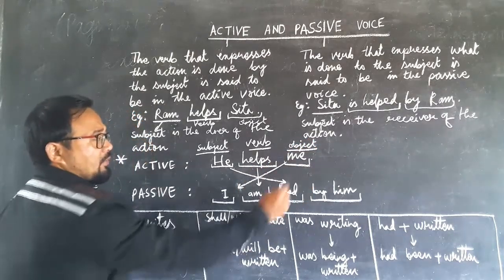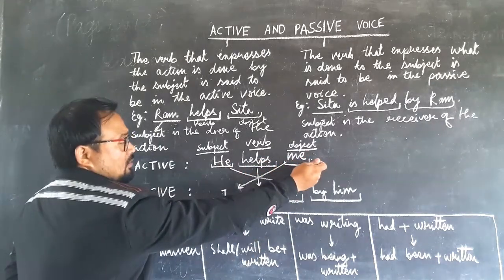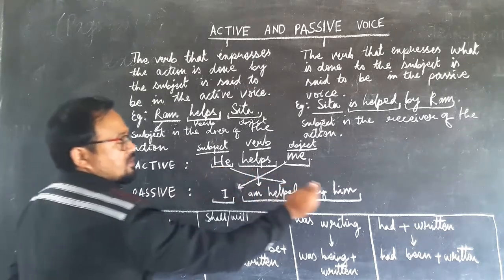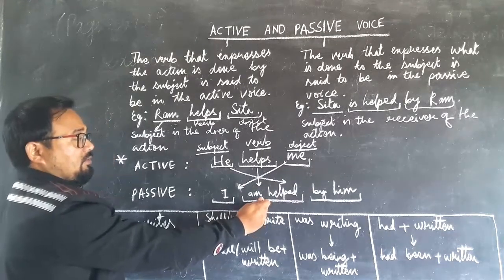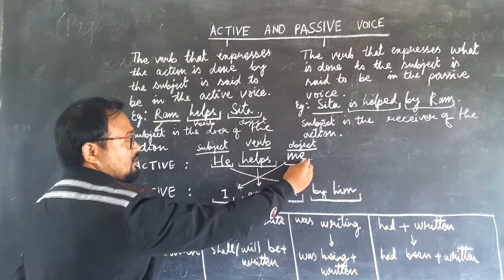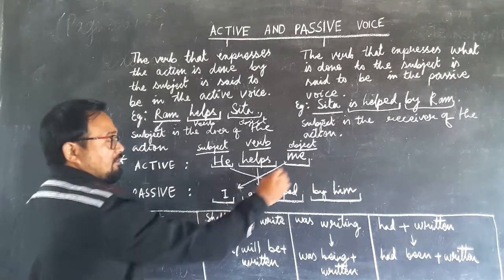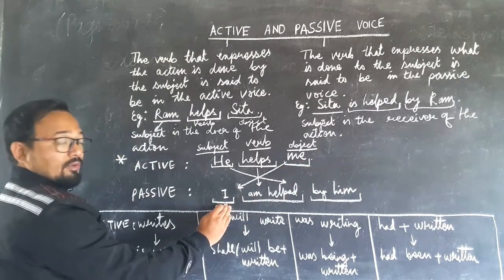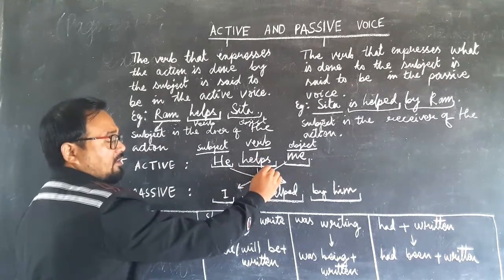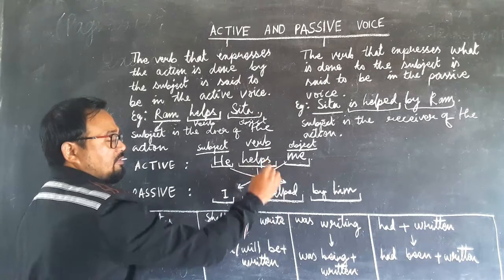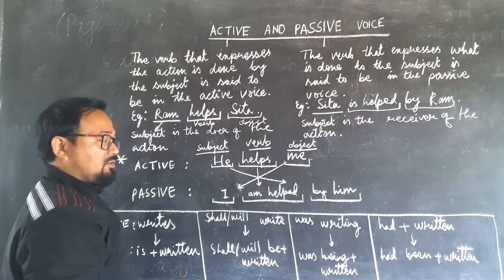So what you can do is draw a line like this. The object is coming to the front, the subject is going back and the verb comes straight down. So me is the object, and when it comes here receiving an action, me becomes I. Me is changing into I, and the main verb, when changing from active to passive, needs a helping verb also, like am is a helping verb.